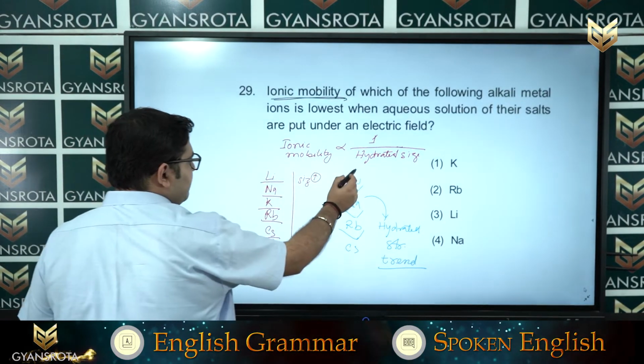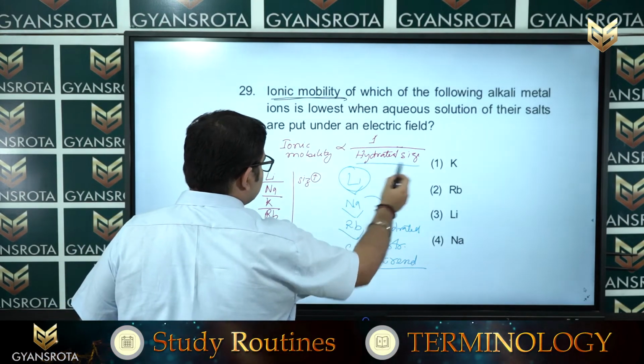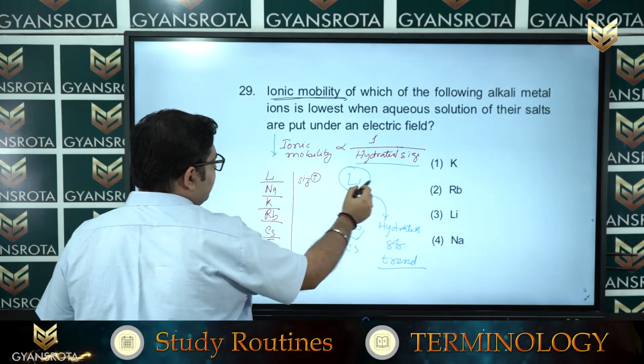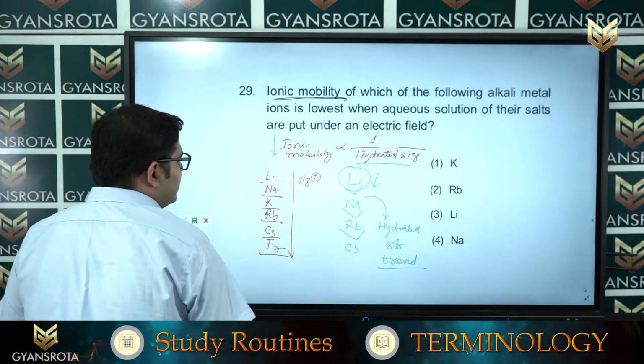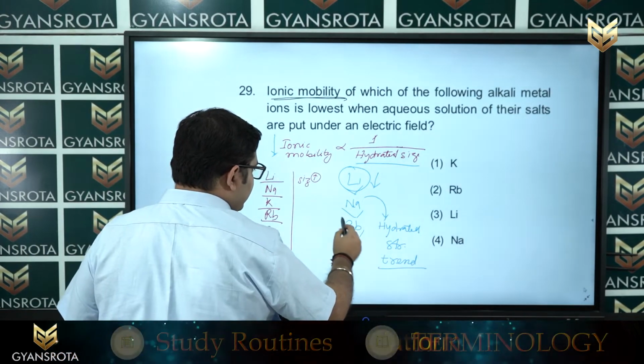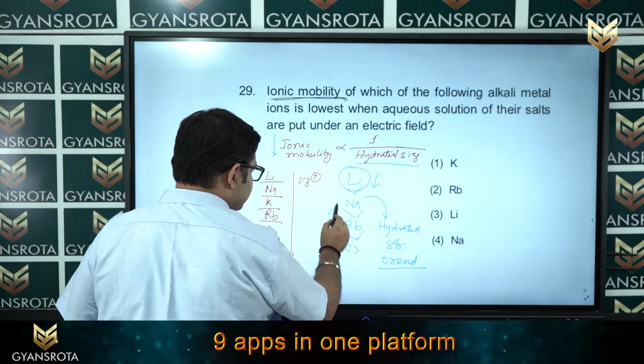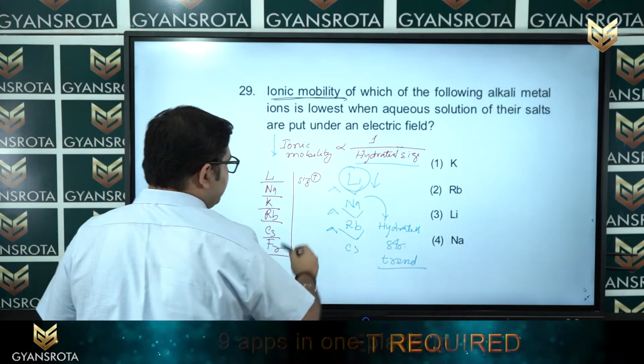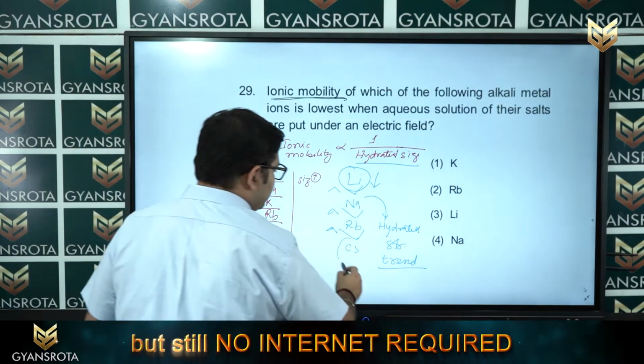If you see lithium having a higher hydrated size, what will happen? The ionic mobility of lithium decreases. So, the ionic mobility order is just reverse, which means lithium is less movable than cesium.